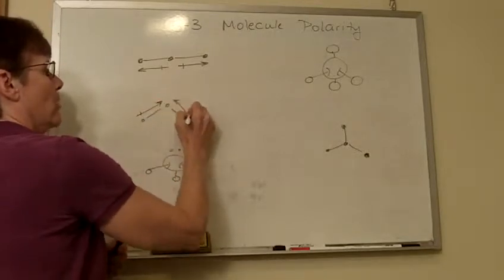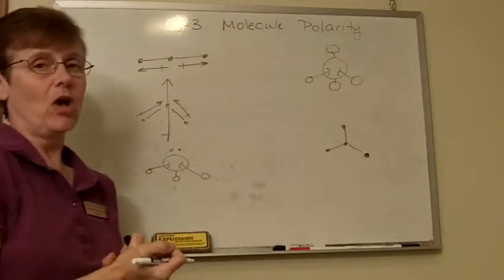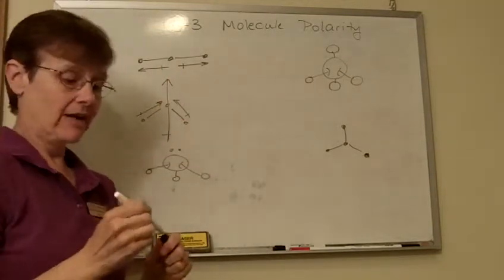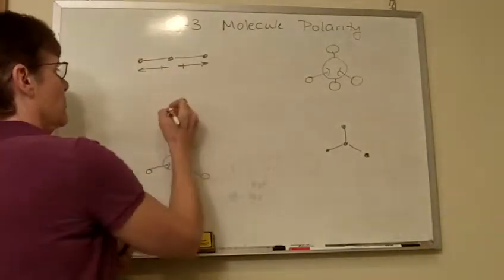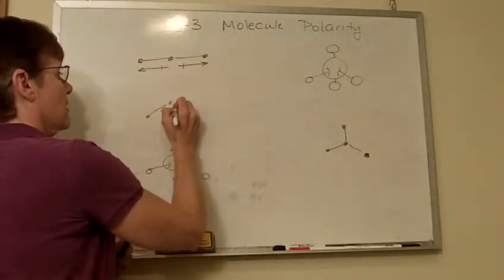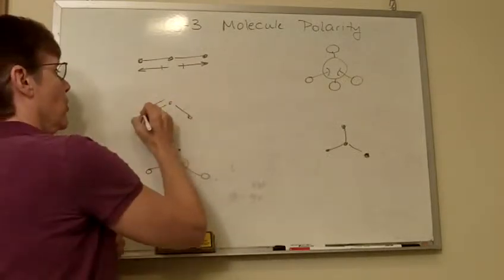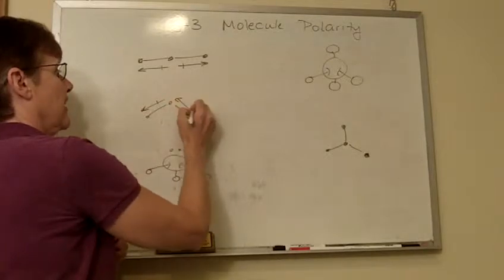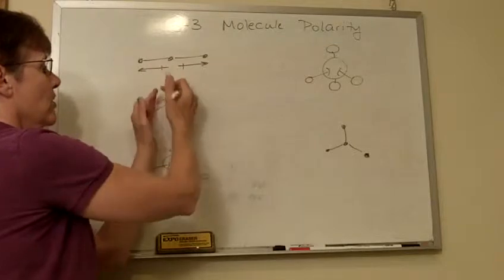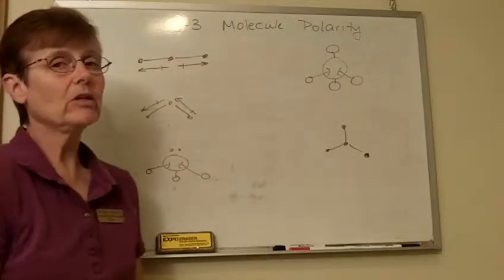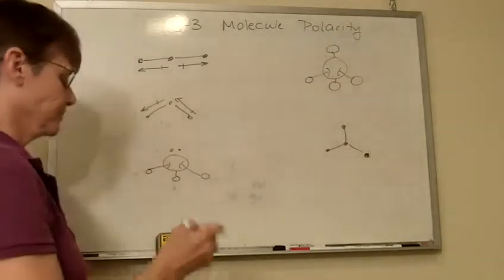This happens with water, by the way. So overall, we have a shift that goes to the top of the molecule, and we would say, yes, that is a dipole. Now, what if we did this? Maybe these three are all different, and maybe we've got polarity like this and polarity like that. In that case, we have some being drawn to the top of the molecule and some being drawn to the bottom, and we say no, those are going to cancel each other out. That is not going to be a polar molecule.